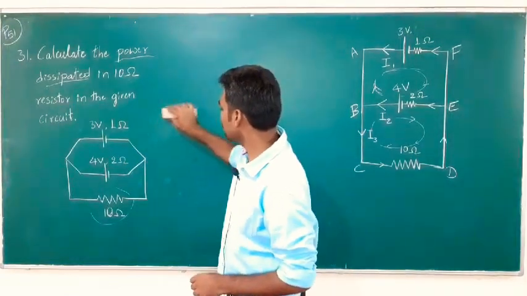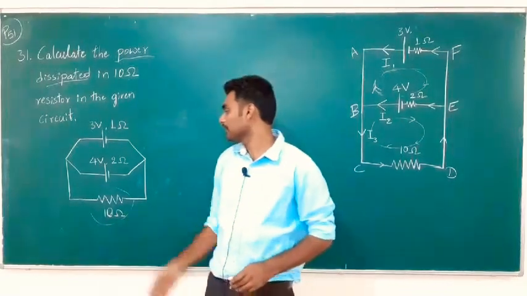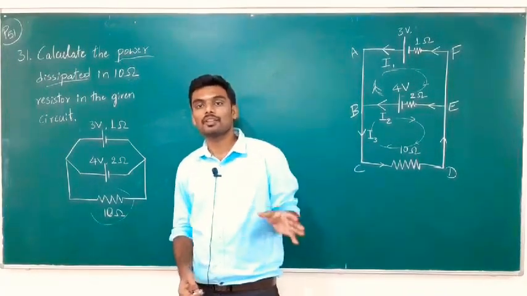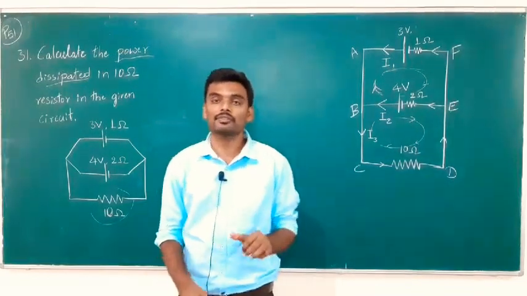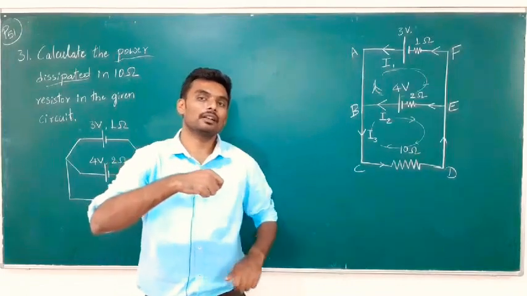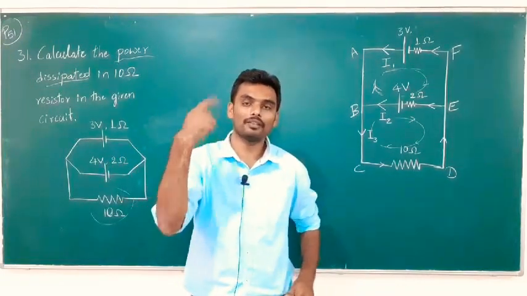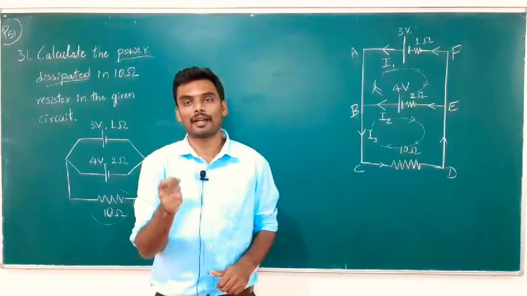After getting the current, P is equal to I squared R, you put, you will get the power dissipated. The other way is making use of KVL. Making use of Kirchhoff's law is a bit lengthy process, but I'll just go with that approach because it would become a practice for you.